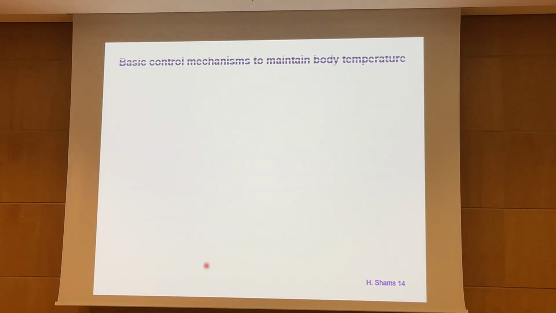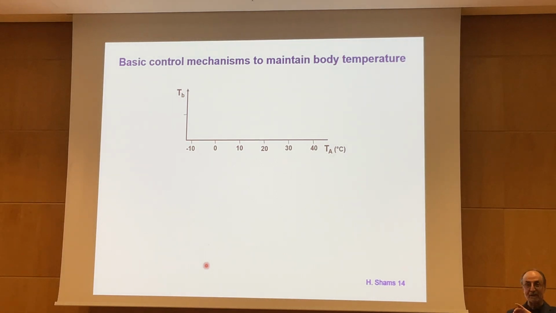Okay, now we want to see how the body regulates the body temperature. Here, the body temperature is plotted against ambient temperature. And you see that the body temperature between an ambient temperature of 40 to 5 is constant.